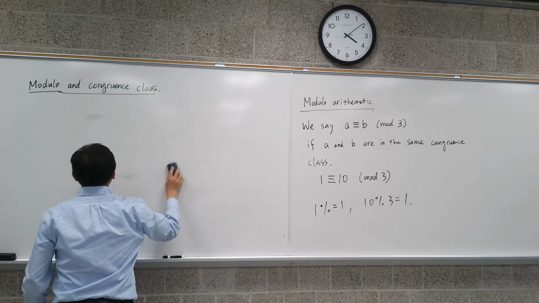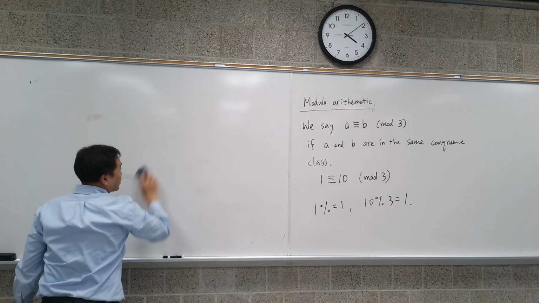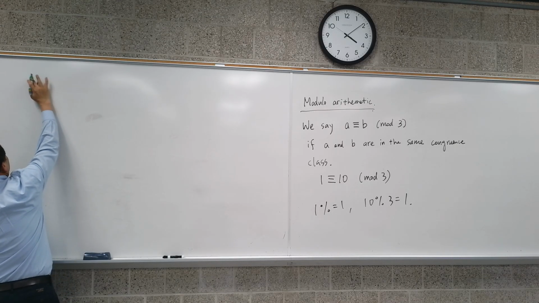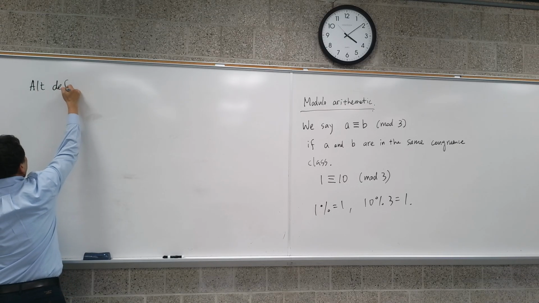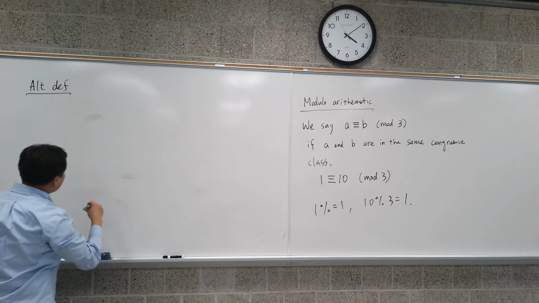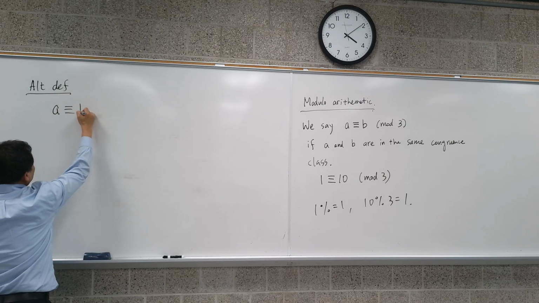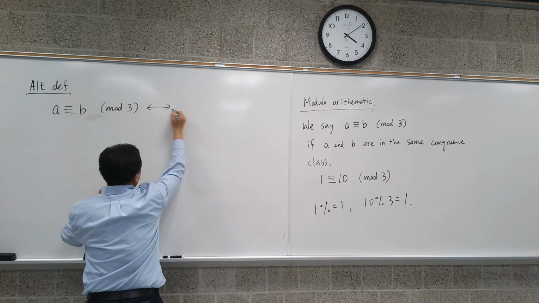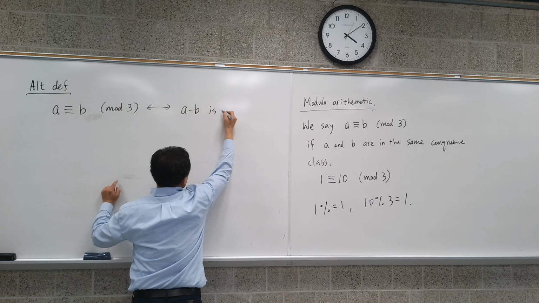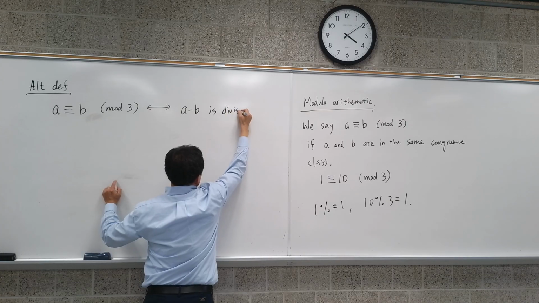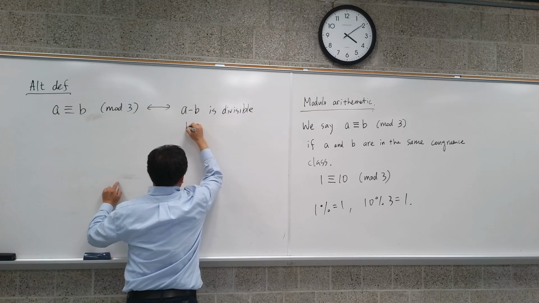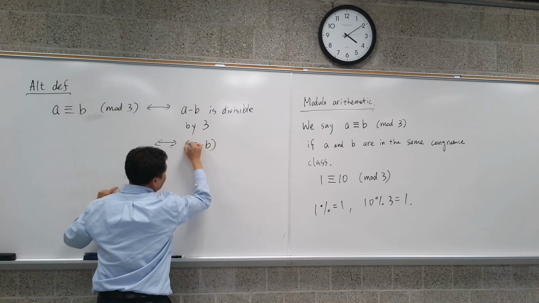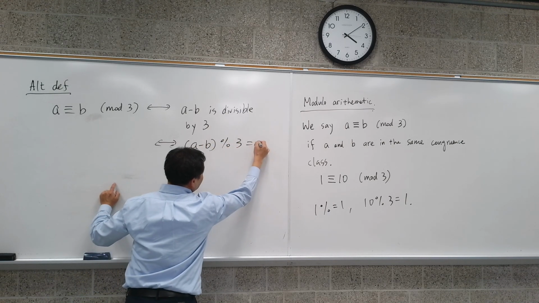Now there's a simpler criteria. There's an alternate definition, which is to say that A is congruent to B mod 3 if and only if A minus B is divisible by 3. In other words, A minus B mod 3 is 0.